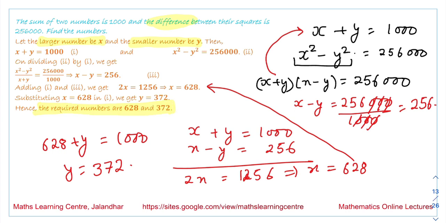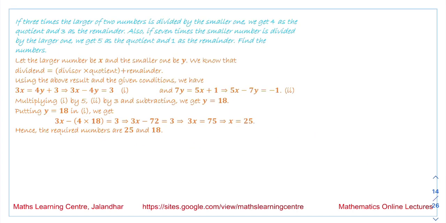Next is, if 3 times the larger of two numbers is divided by the smaller one. Suppose the larger number is x and the smaller one is y.